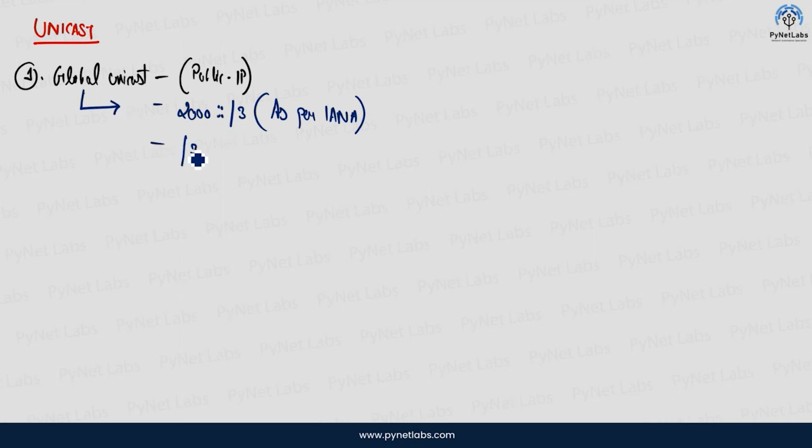I'll say /3 means these are reserved bits by IANA. IANA has defined some reservations for /3, where the first three bits will always remain constant. So this /3 will give you 001.